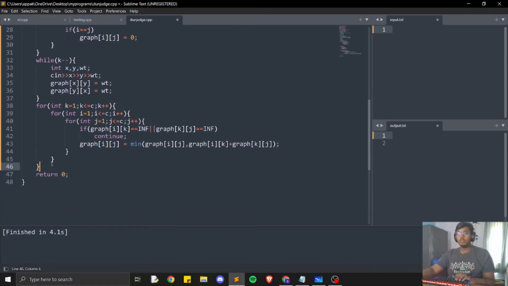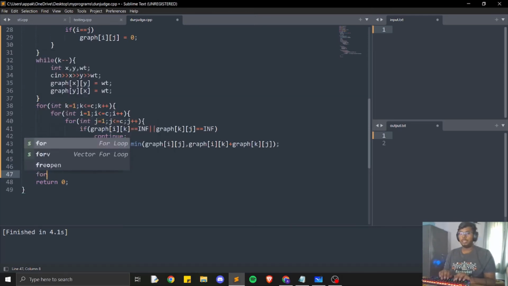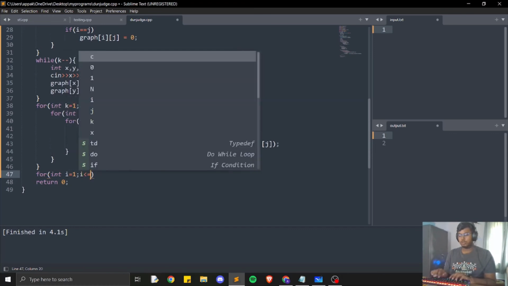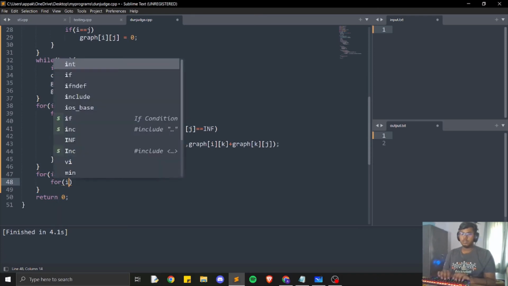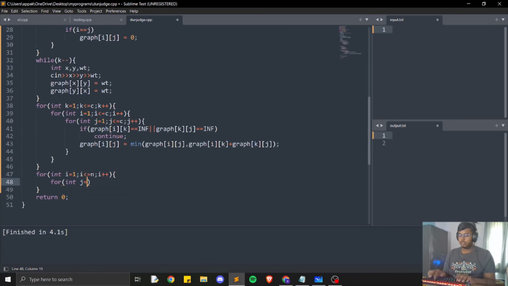Okay, so now it is filled with all the shortest paths between all the pairs of nodes. So let us now try to print this. For int i equals 1, i is smaller than or equal to n, for int j equals 1. So here we will print the graph.